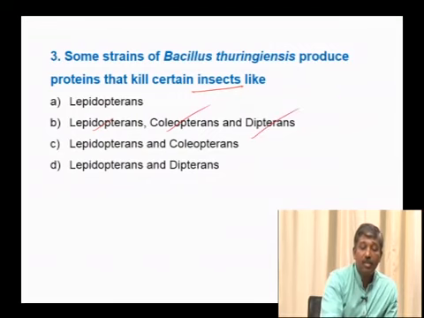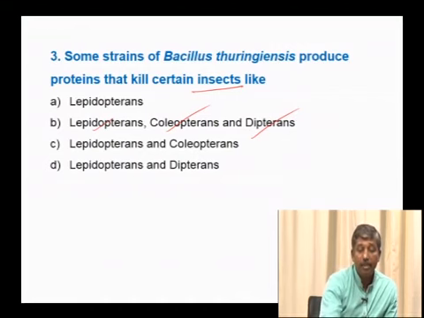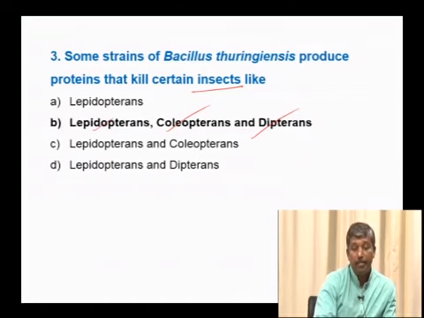Lepidopterans include cotton bollworm, Coleopterans include beetles, Dipterans include flies and mosquitoes. They act on all these groups of organisms.